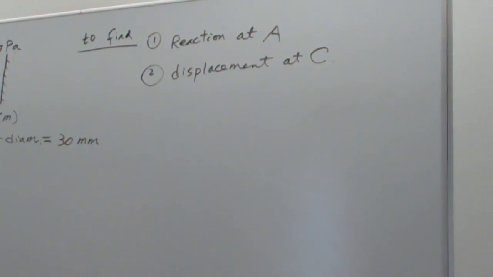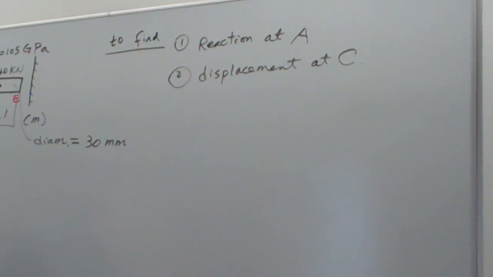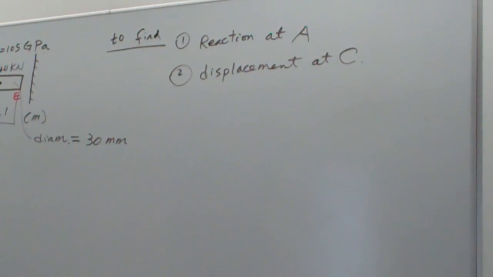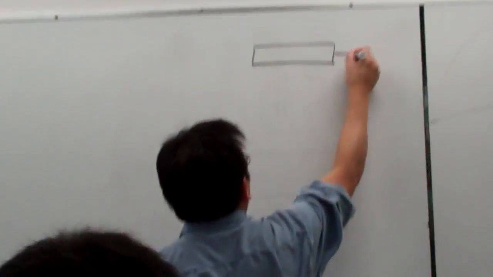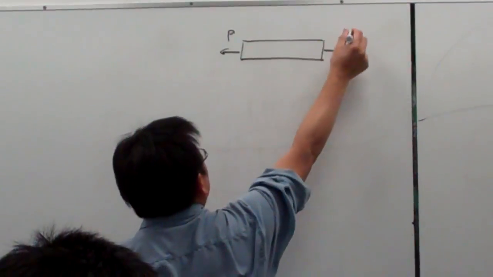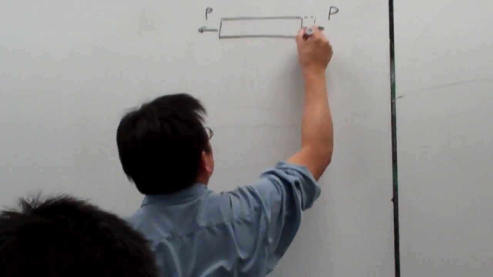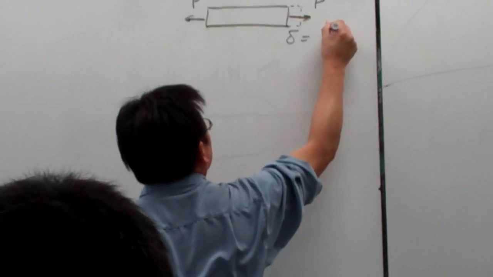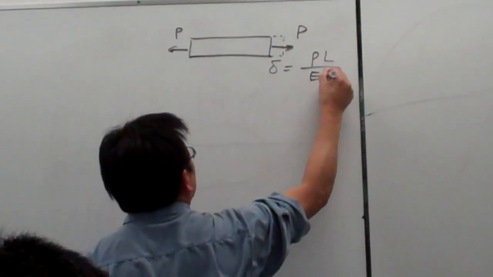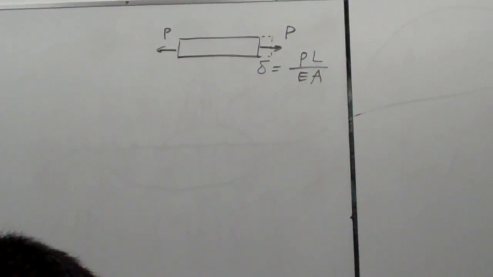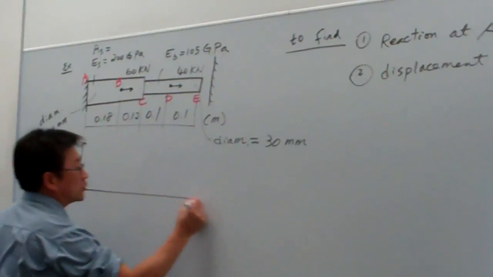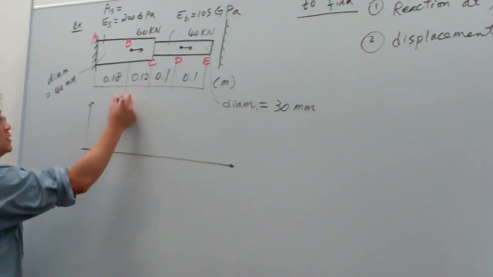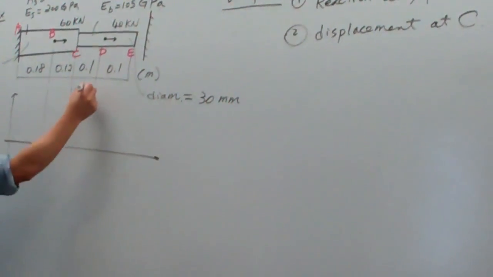For this, again, we can utilize our generic model. This is P, and then the deformation delta is equal to PL over EA for this case. So the first thing we need to analyze is the distribution of the reactions in each segment.